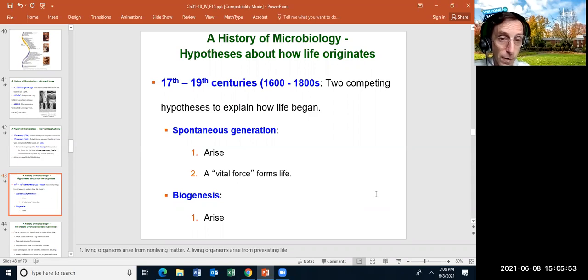The other theory was biogenesis, and they said no, spontaneous generation doesn't happen. All living things arise from another living thing. And everybody knows a baby comes from their parents, and that would be the theory of biogenesis.